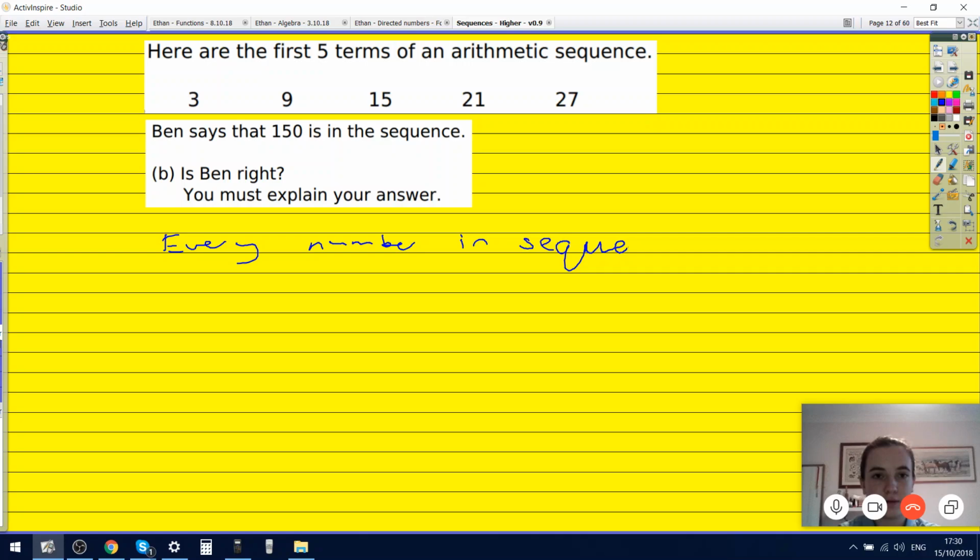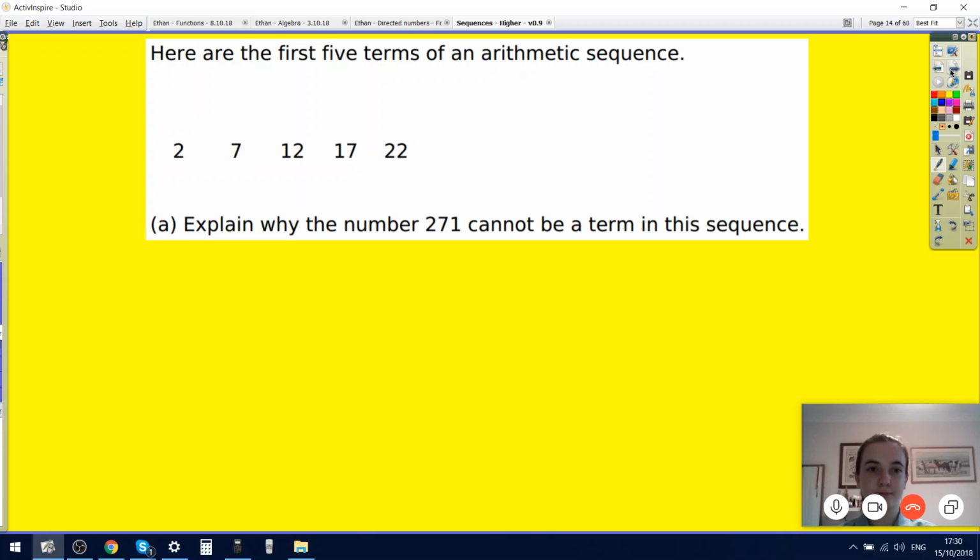Then 150 divided by 3, which is 50. Simpler than that. Every number in the sequence is odd. And then 150 is even. Therefore it wouldn't be in the sequence. Therefore Ben is wrong. Any questions there? Nope. So sometimes they're simple.